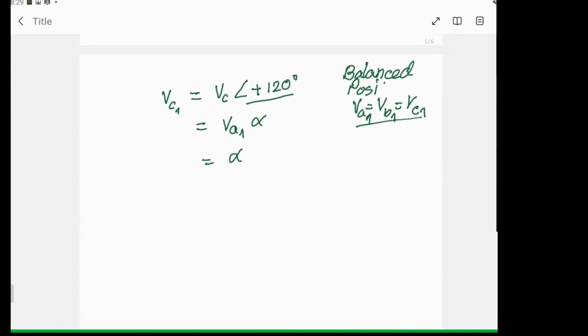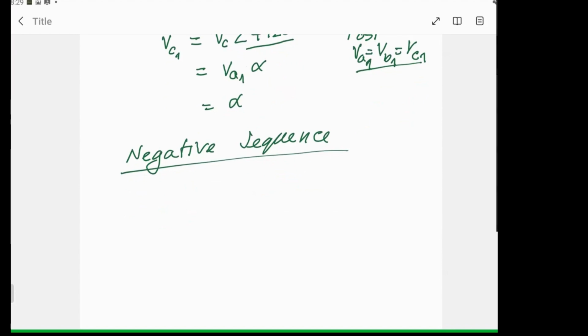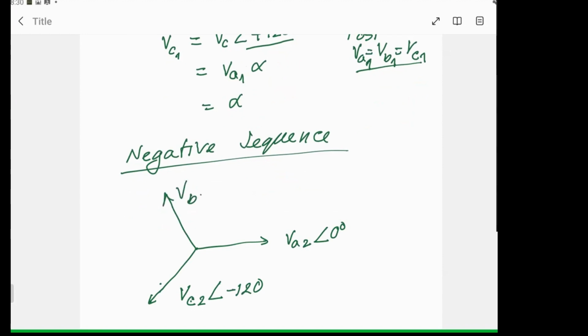So similarly, we can find out the negative sequence. For the negative sequence, we have VA2 making an angle of 0 degree. Then VC2, right? And this is making minus 120 degree. And this one is VB2, right? This is making an angle of 120 degree.